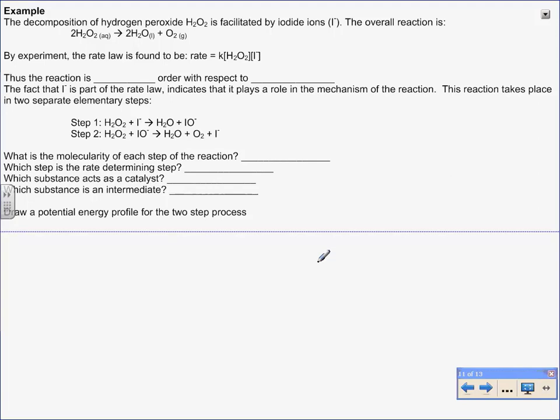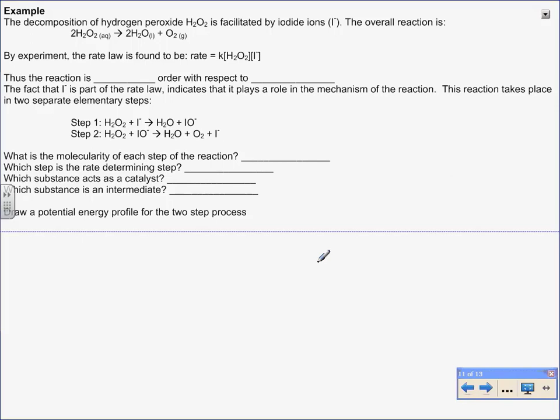We've got a decomposition of hydrogen peroxide that is facilitated by iodide ions. It gives us the overall reaction. The little phrase there, facilitated by iodide ions, is giving us an indication that there's a catalyst in this reaction, which we'll see and investigate in the mechanism.